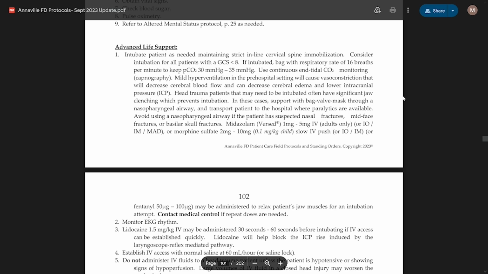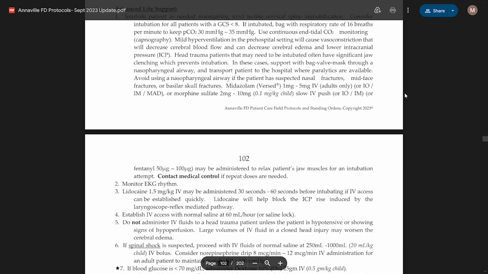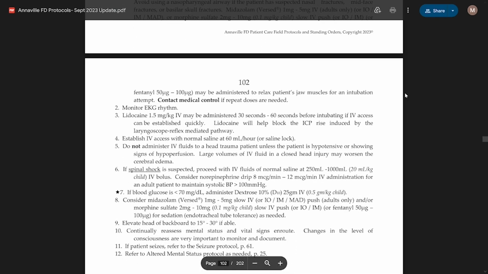Midazolam, or Versed, 1 to 5 milligrams IV for adults only, or IO, IM, or MAD device, or morphine sulfate, 2 milligrams to 10 milligrams, 0.1 milligrams per kilogram for a child with a slow IV push, or IO or IM, or fentanyl, 50 to 100 micrograms, may be administered to relax a patient's jaw muscles for an intubation attempt. Contact medical control if repeat doses are needed.